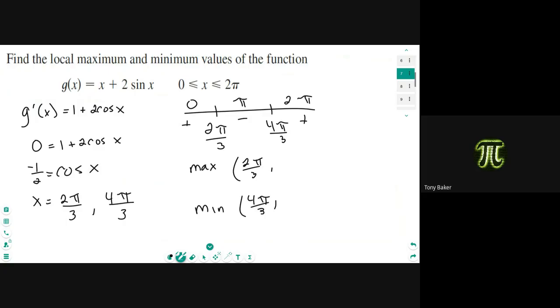So sine is plus or minus. Nope, that's plus. This one's minus.